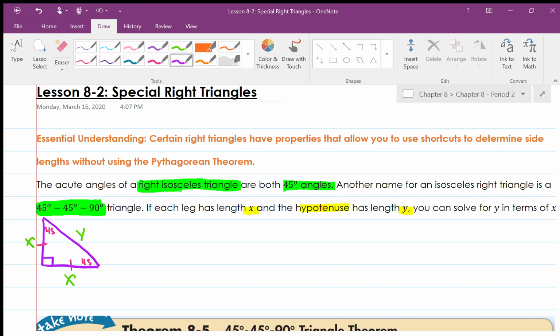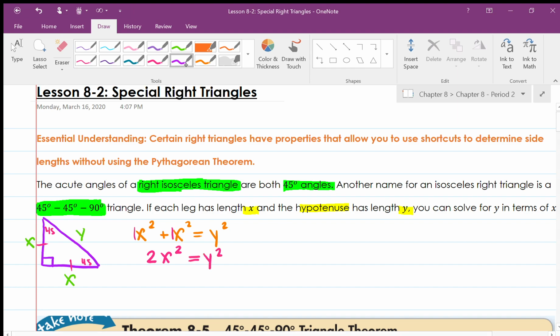Using the Pythagorean theorem, you would have x squared plus x squared is equal to y squared. That's a squared plus b squared is equal to c squared, where a and b are x, and c is y because that's our hypotenuse. Combining like terms, because these both have a coefficient of 1, you would get 2x squared is equal to y squared.